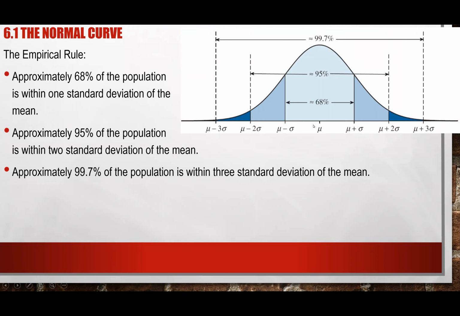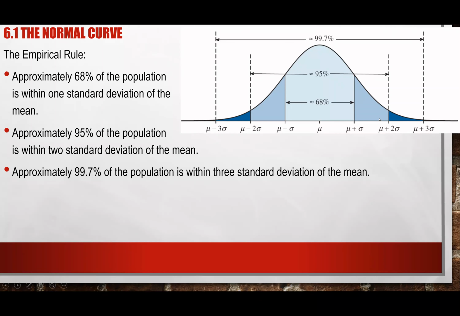Within one standard deviation, meaning if we go up one and down one, which is a kind of review for your midterm one, chapter 3 asks you to use the empirical rule: within one standard deviation from the mean, you go up one, you go down one, it will include 68% of your data.